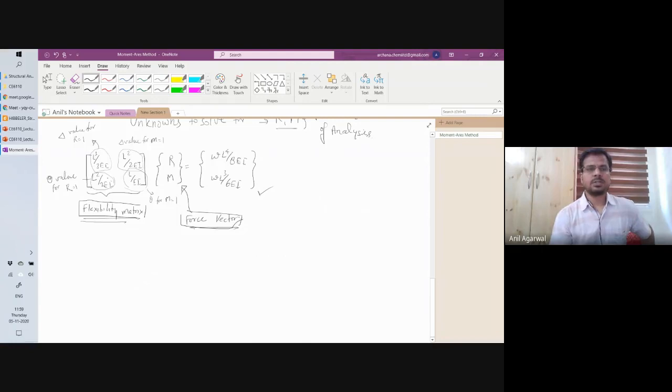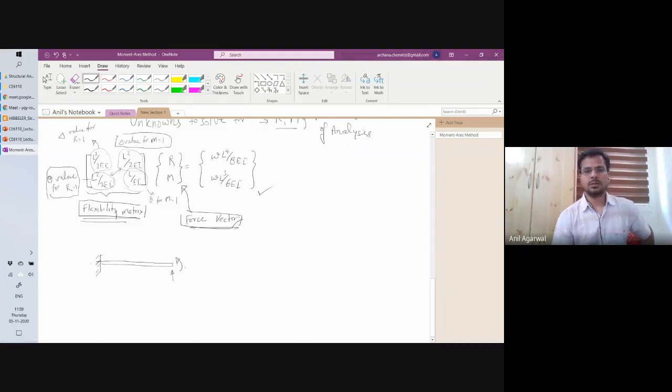So this is this method. A couple of observations here. If you see this flexibility matrix, your diagonal terms are equal: L square by 2EI, L square by 2EI. What does that mean? It means this value is equal to this value. We will look at this beam. This was a determinate beam, right? So you had two deformations possible.